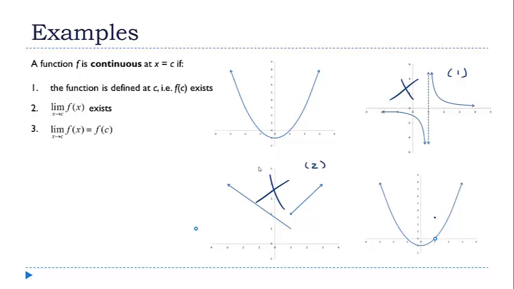All right, so for graph 1, up here, f of 1 does equal 0. So the limit as x approaches 1 does equal f of 1, which is good. This function, we want it to be continuous, and it meets all three of our requirements.